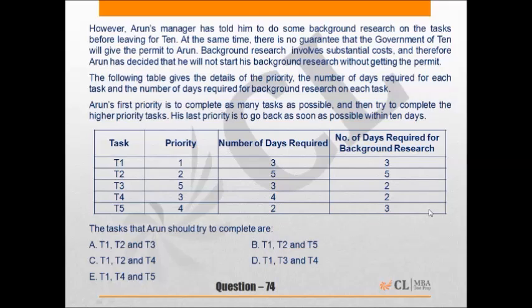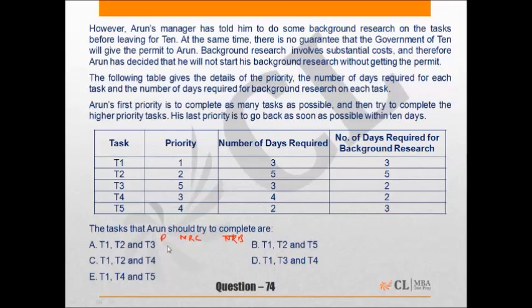So again we need to compute three things. First is the sum of priorities, second is the number of days required to complete the tasks, and third is the number of days required for background work.